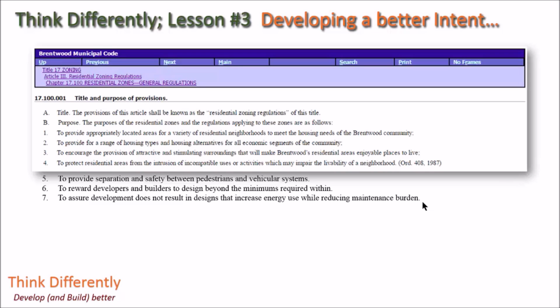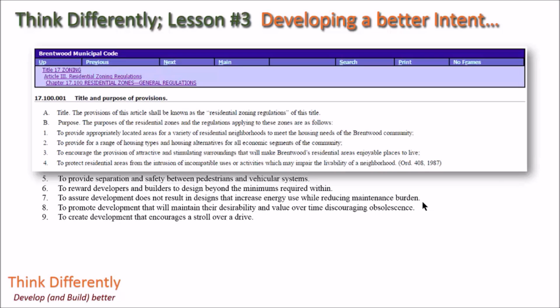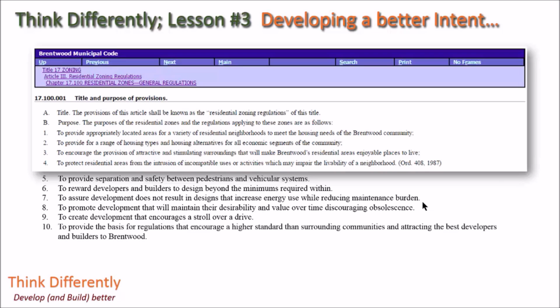To assure developments don't create energy increase. You'll learn about that. To promote development that's going to maintain its desirability over time and doesn't become obsolete. That encourages a stroll over a drive. That creates a higher standard than surrounding communities.